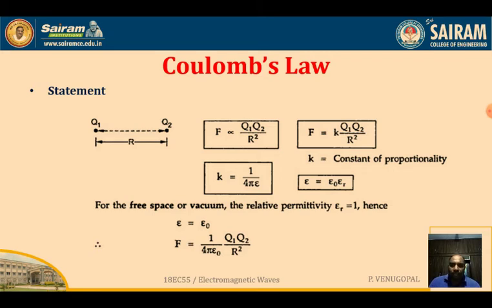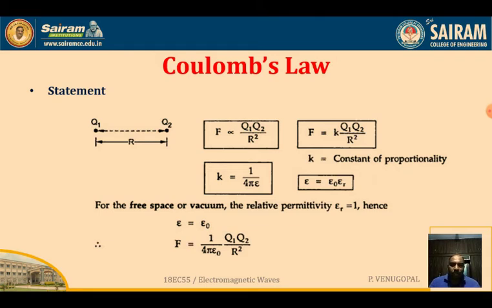You are observing two point charges, say Q1 and Q2, in free space, which are separated by a distance r. As I told you in the statement of Coulomb's law, force is directly proportional to the product of the magnitude of the two charges, which means F is proportional to Q1 into Q2.